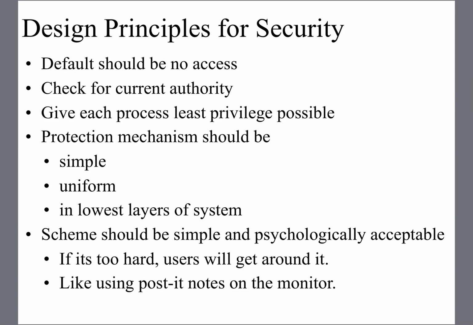The protection mechanisms have to be simple, uniform, and at the lowest layers of the system. So if a mechanism is too complicated, then people won't follow it. They will try to find ways to get around it. So, again, it goes back to the simplicity part. It should be psychologically acceptable.